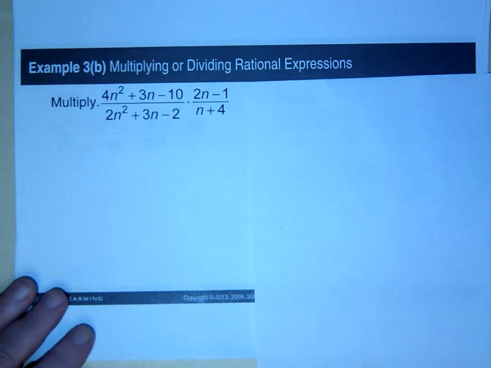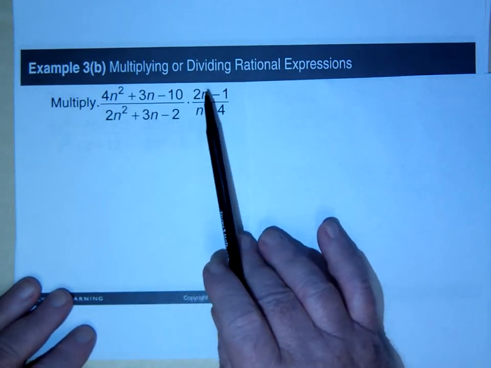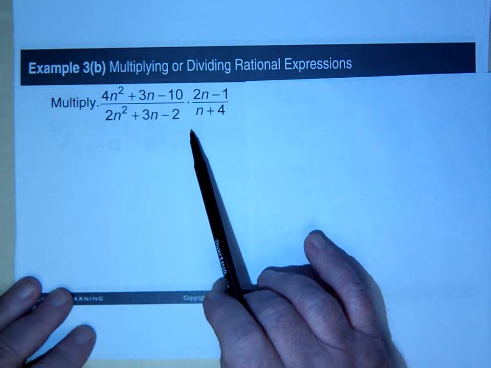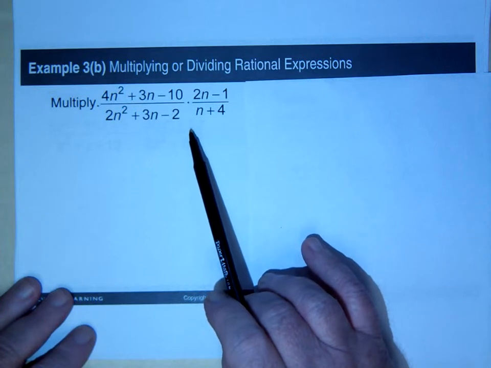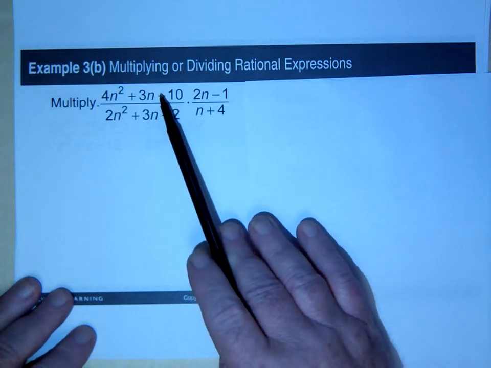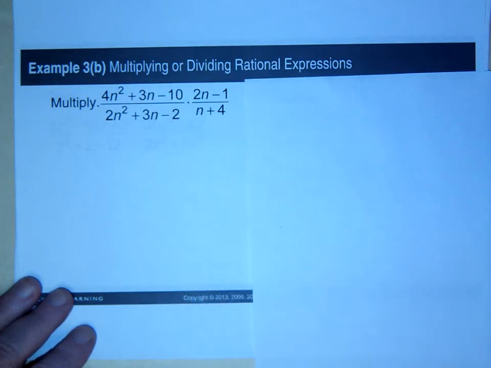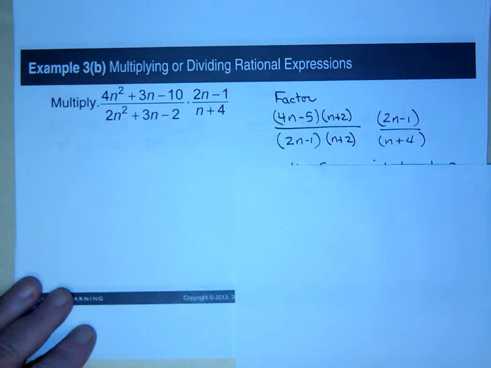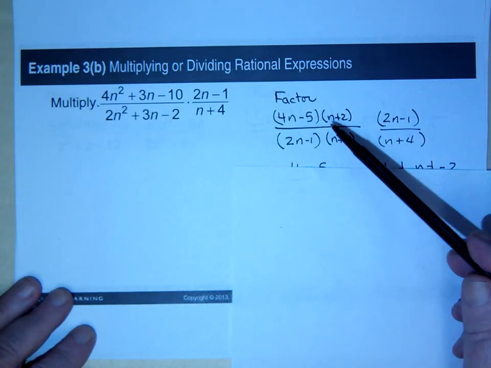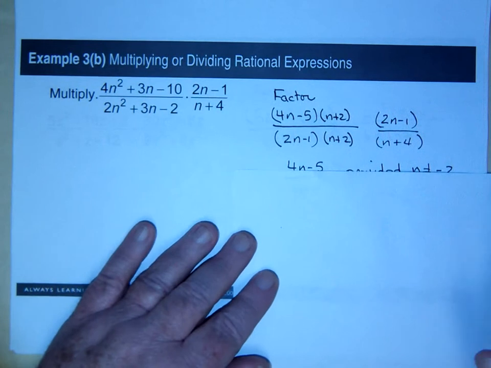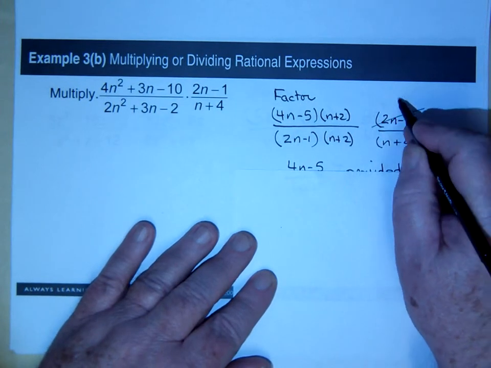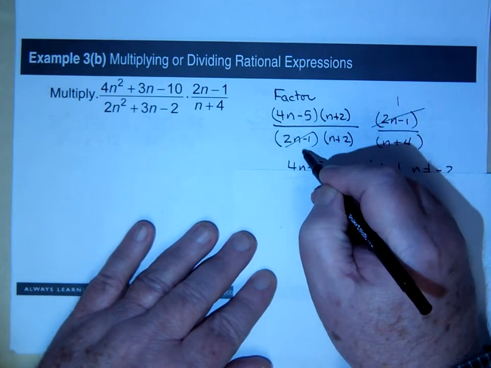Again, when we're multiplying, we're going to multiply across the top and across the bottom, but we'll be alert for common factors and seek to cancel those, which means we're going to have to factor these things like we discussed earlier. So whenever we factor those and multiply across, we have this expression. We have this times this, but there are things that can be canceled. This goes into this once, goes into that once.